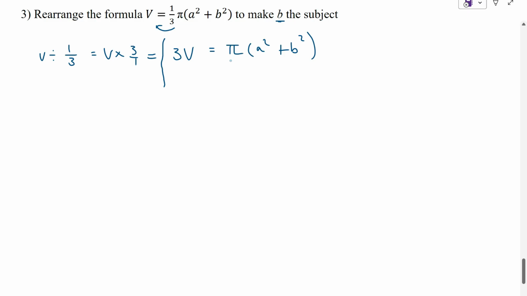Next we can take the pi over. 3v divided by pi equals a squared + b squared. So as you can see, we're rearranging this one term at a time, step by step. Next we want to get rid of this a squared, so we take that over.